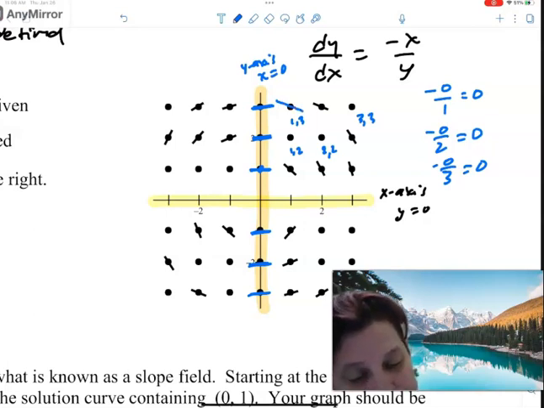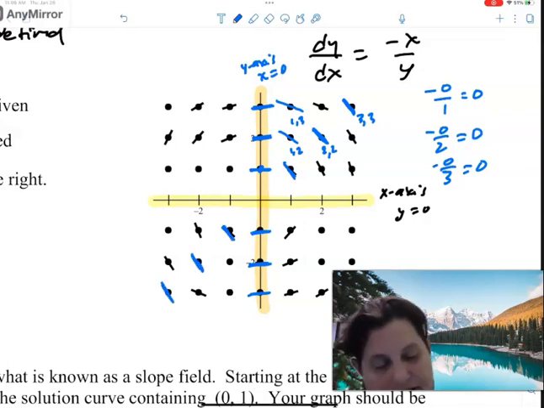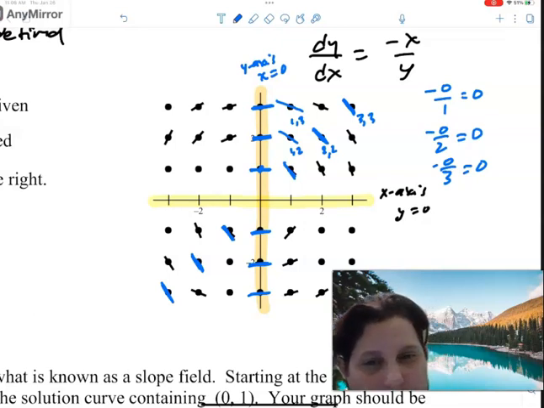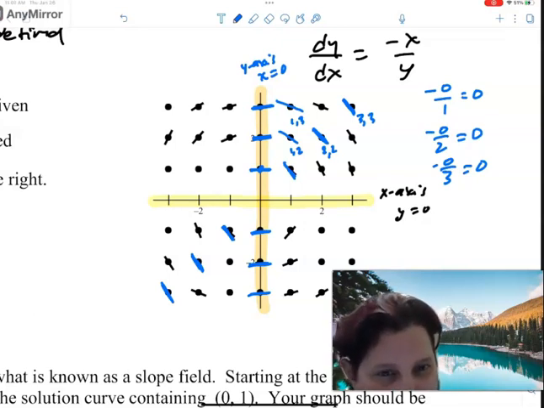That's negative 1/2, downward and a little steeper. That's negative 1, a 45-degree downward slope, and that's also negative 1. You'll notice everything through here is at negative 1. I like to look for patterns because it makes things quicker. That's cool, and I'm done with the first quadrant.